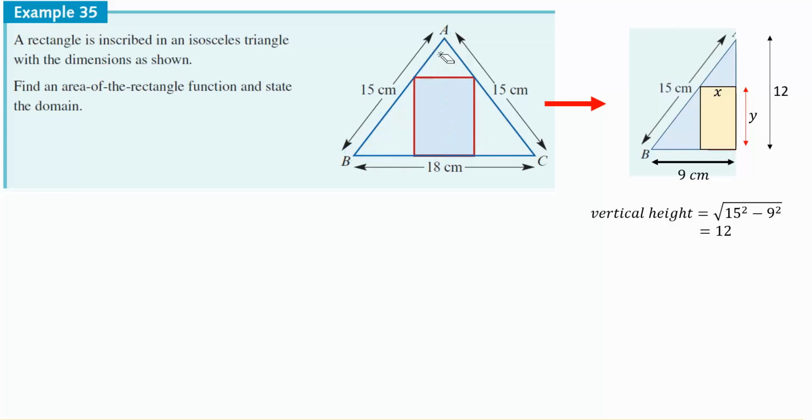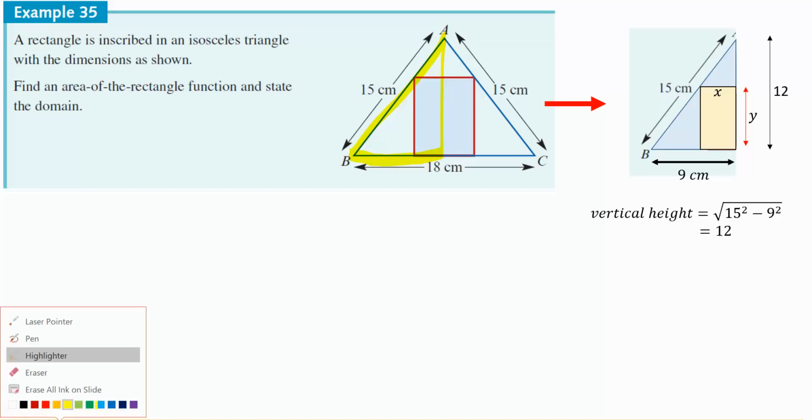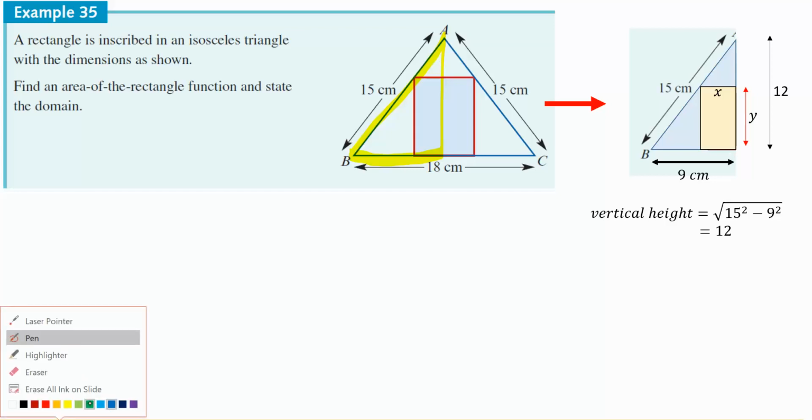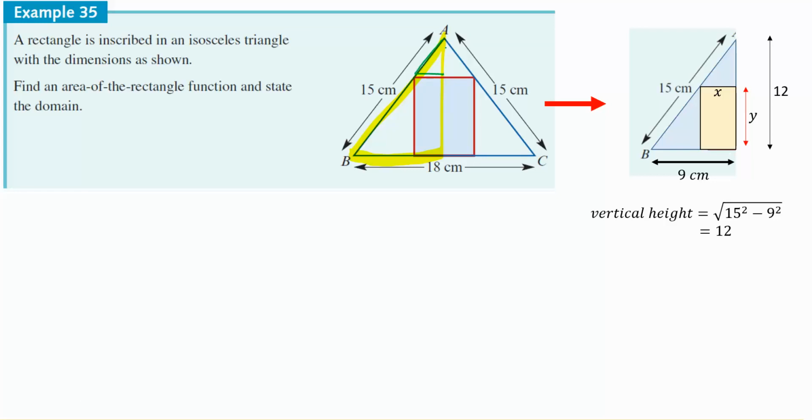If I highlight it now, I'll do another highlight. I'm just saying, this entire large triangle, I can use similar triangles to compare it with. I'll do it in green, so you can see with this triangle. Now I called this x, and I need to find out what this length is.